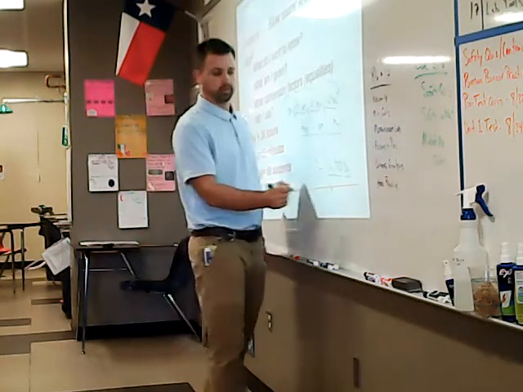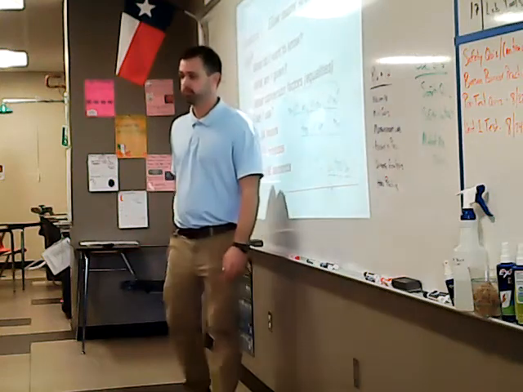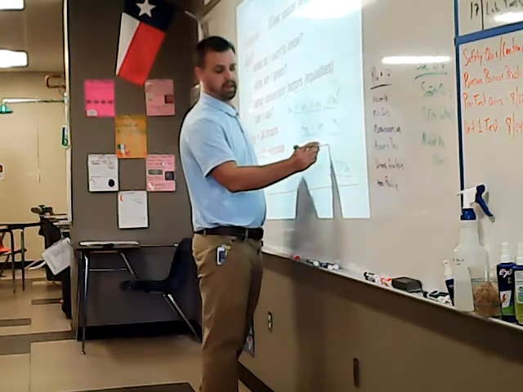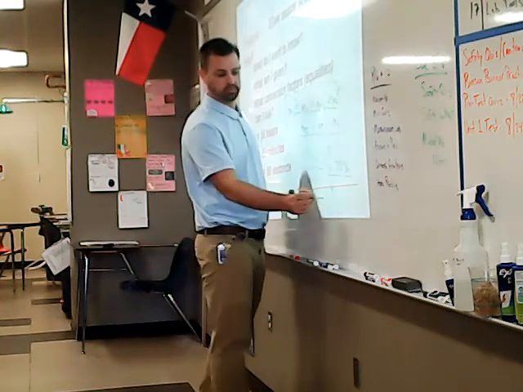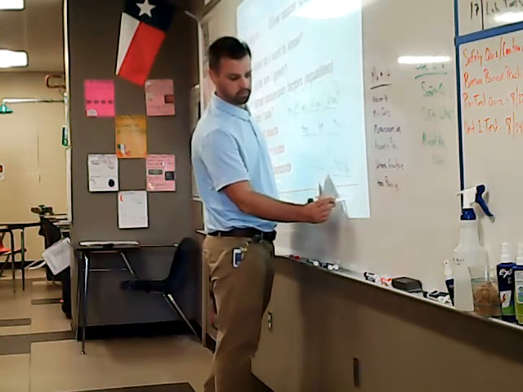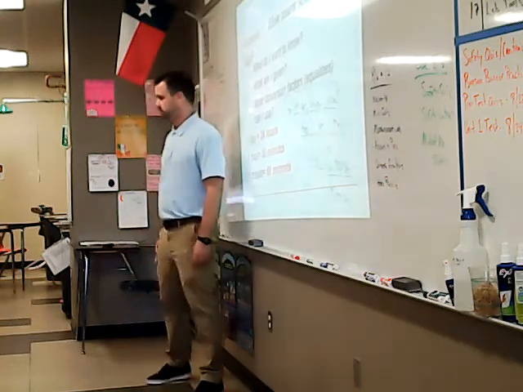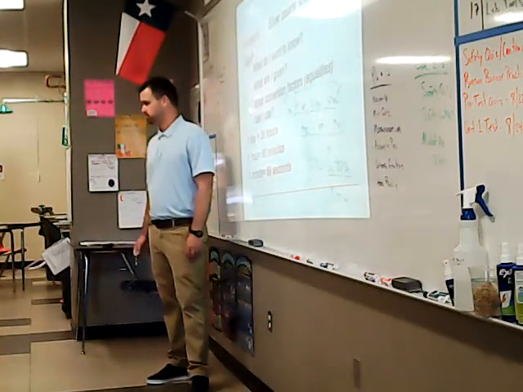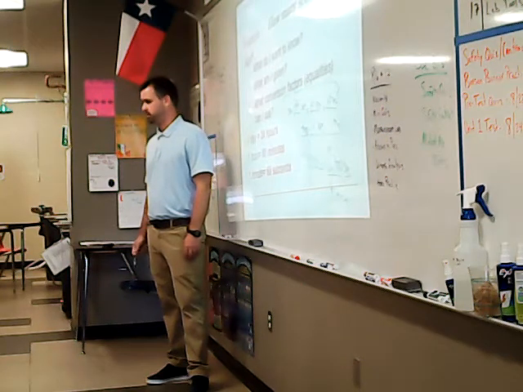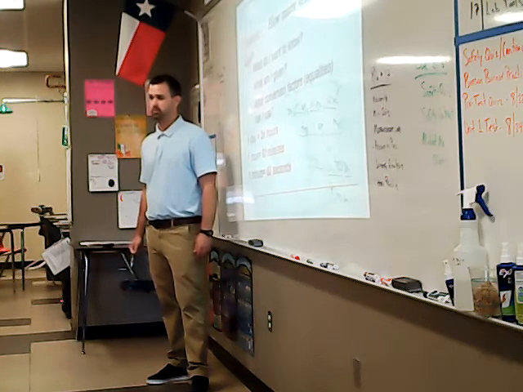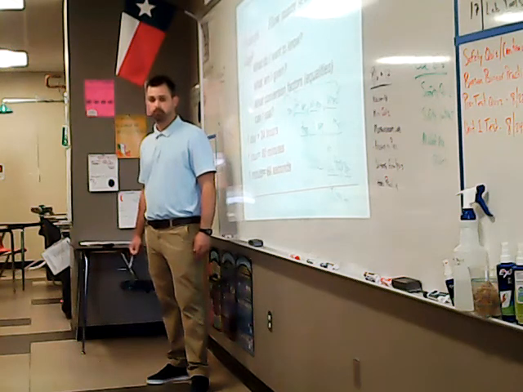Is my answer 90? It's not. I use this 6 to round that 8 to a 9, but these zeros are still important. 90,000. Does that make sense, guys? The zeros are still important. You still need them as placeholders. Okay?